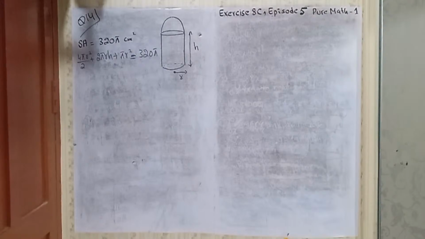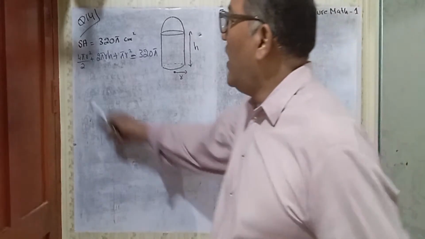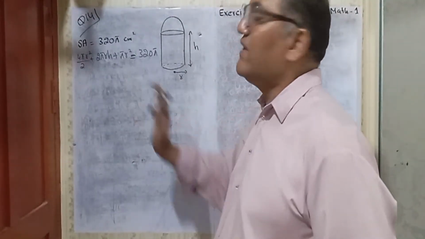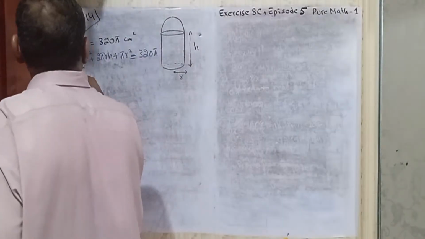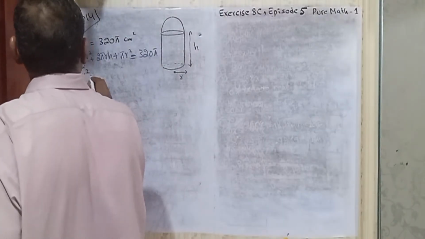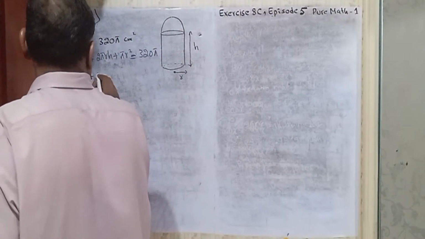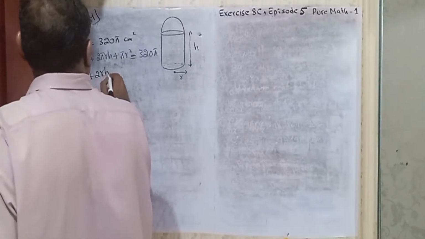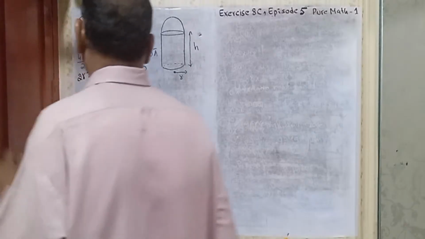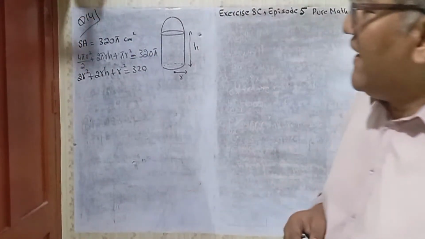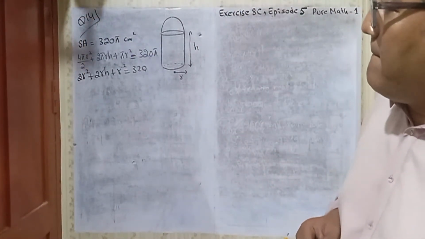Now we have to represent h. All four terms have pi, so pi will be cancelled. You are left with 2r square plus 2rh plus r square equals 320.